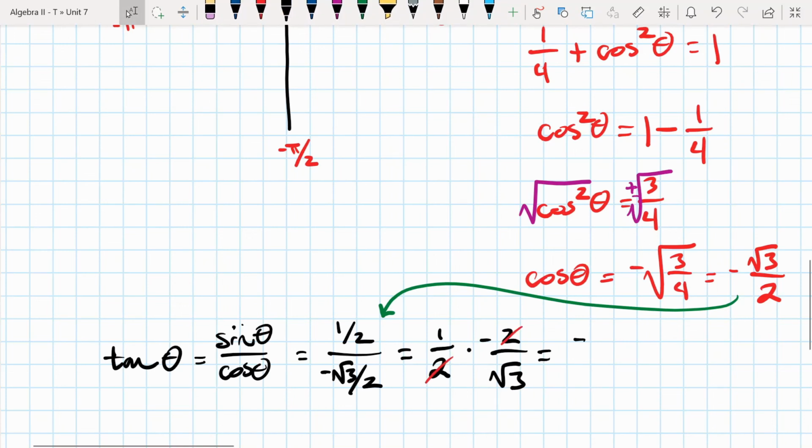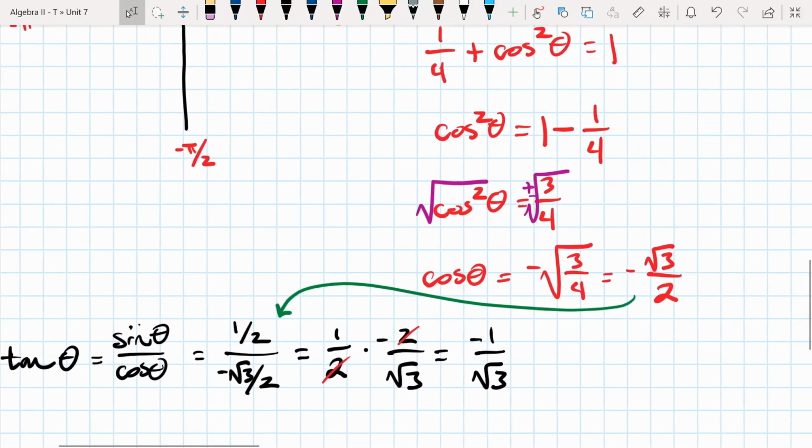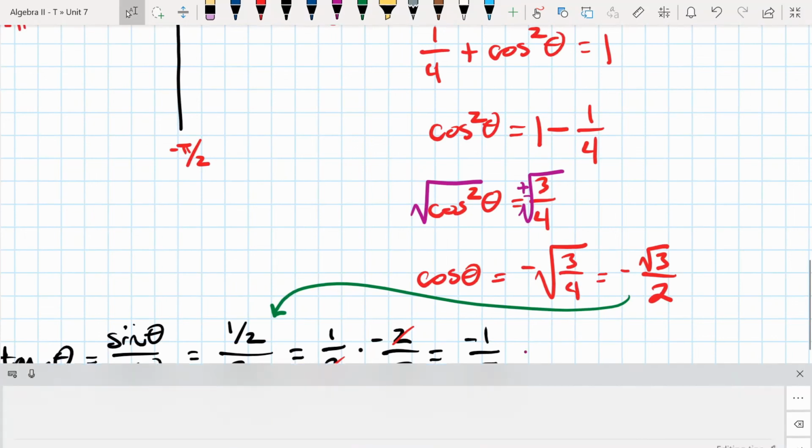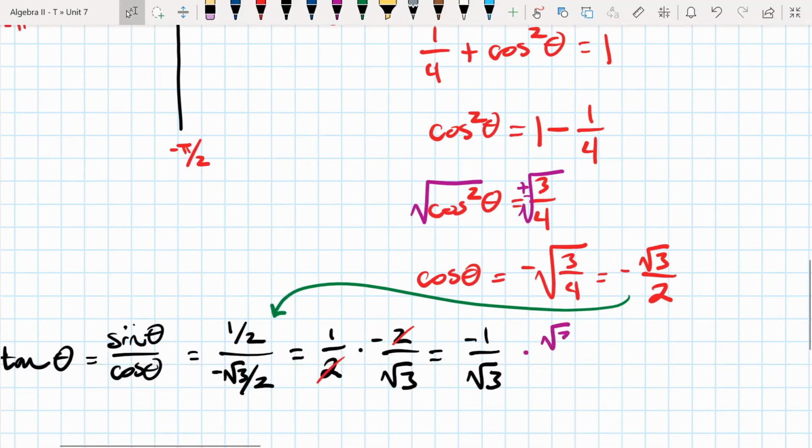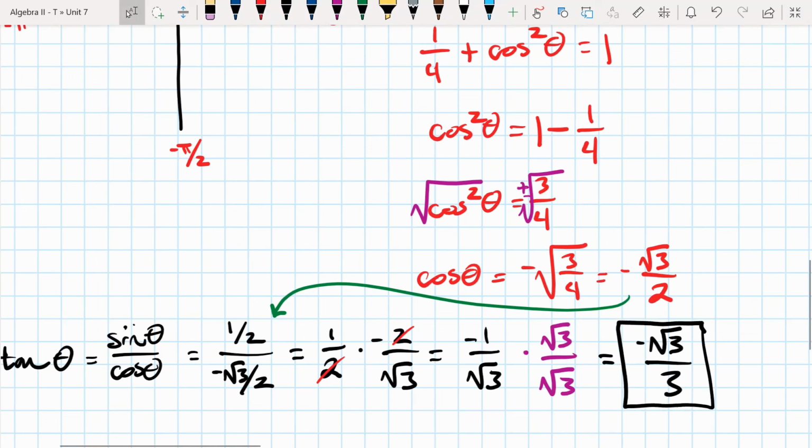And we end up with negative 1 over root 3. Okay? You can leave that as your answer, or what we can do is rationalize the denominator here. I've done this a couple times in class. By multiplying by root 3 over root 3. So this is negative root 3. Well, root 3 times root 3, square root of something times the square root of something is just whatever that thing is inside the radical. And so we end up with 3 down here, and that's going to be our final answer for this question.